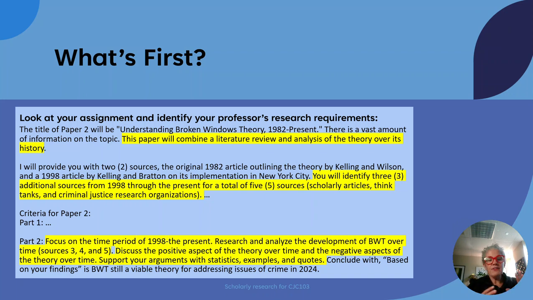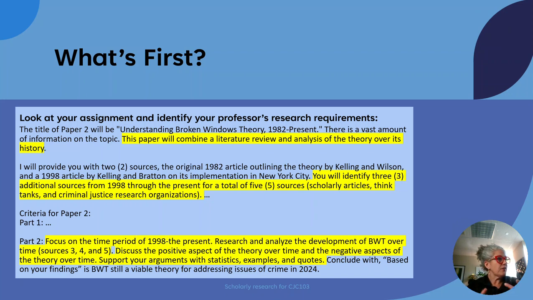And your professor is giving you the first article where this theory was introduced, which is great. And then you're going to be looking at articles after the 1982 article and then the 1998 article.